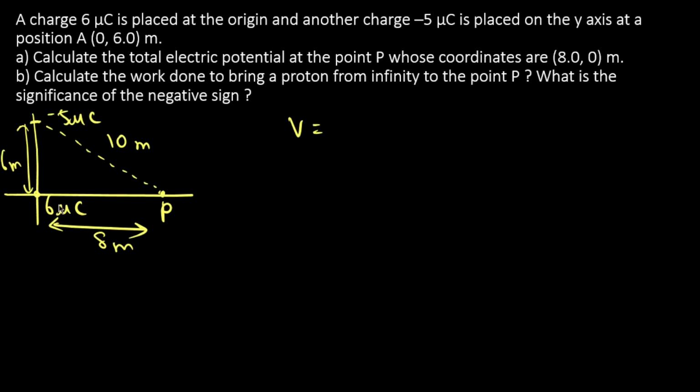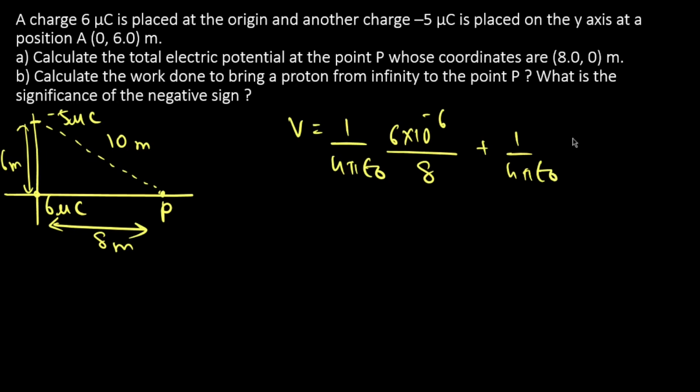So the potential due to 6 microcoulomb will be 1 upon 4 pi epsilon naught times 6 into 10 raised to minus 6 divided by 8, plus 1 upon 4 pi epsilon naught times minus 5 into 10 raised to minus 6 divided by 10.